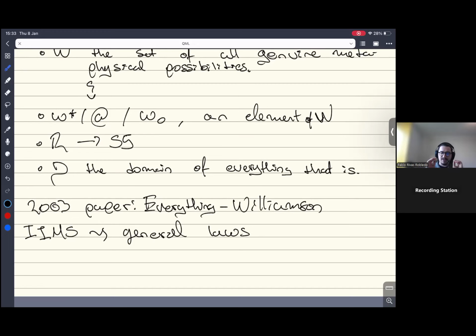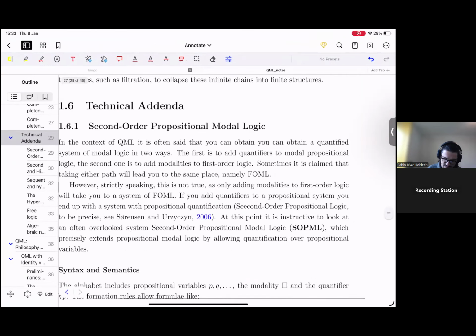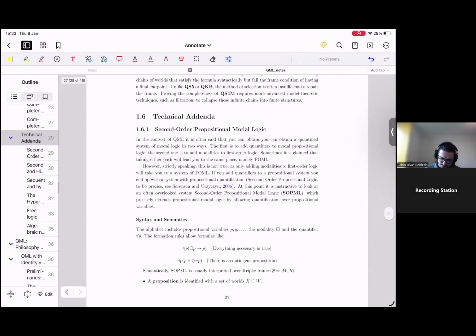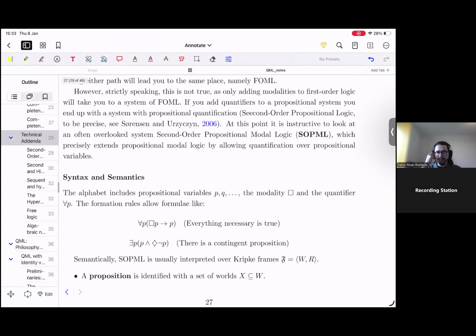So for this, let me make a small footnote here, because here I am uploading some of the technical details that we need, and I'm going to skip over this a little bit, but just so that you know, this is a system which is a bit stronger than S5, and is the system that you obtain if you add quantifiers directly to modal logic without adding first order entities.